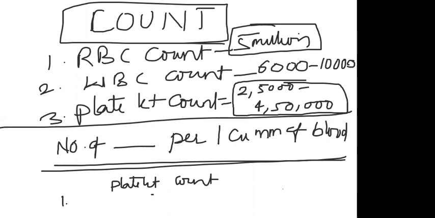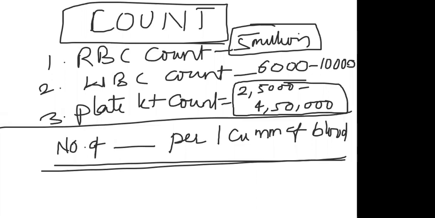Then count. The word we learned now is count. What is count? The number of RBC per 1 cubic millimeter of blood is called RBC count. It is about 5 million in men and 4.5 million in women. WBC count is the number of WBC per 1 cubic millimeter of blood, about 6,000 to 10,000.